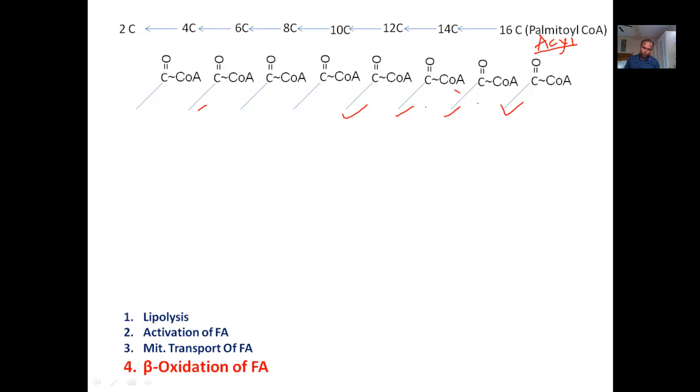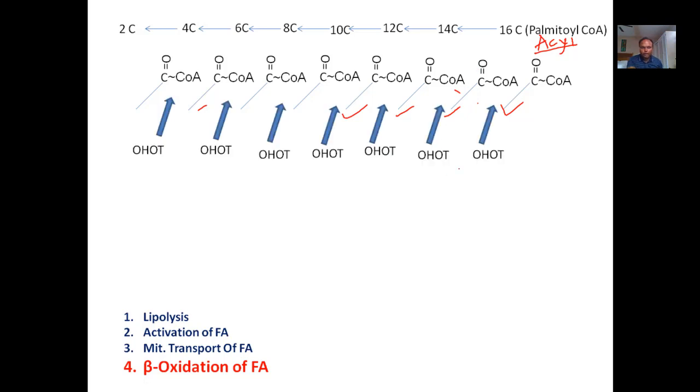These 8 acetyl coenzyme A will have 7 bonds, 1 2 3 4 5 6 7 bonds, and these 7 bonds will be broken down through oxidation. A 4-stage reaction will break each bond, again a 4-stage reaction will break the next bond, and so forth.